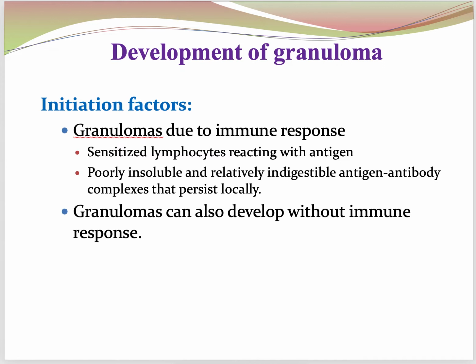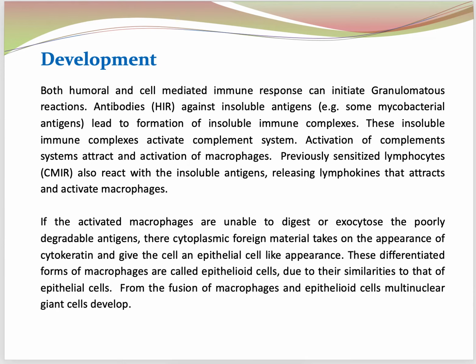So now let's talk about the development process of granuloma. Both humoral and cell-mediated immune responses can initiate granulomatous reactions. The humoral antibodies act against insoluble antigens, for example, some mycobacterial antigens which are insoluble, that means our body cannot digest them.